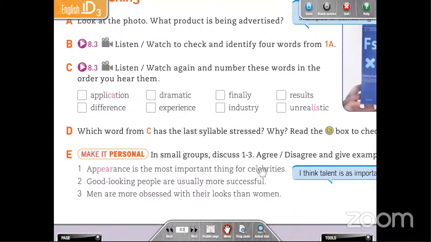Okay, let's pass over to exercise C. Here what you have to do is number these words in the order you hear them. They mention these: application, difference, dramatic, experience, finally, industry, results, and unrealistic. So you have to order which is mentioned first, which is mentioned second, and so on. Okay, let's listen once more.